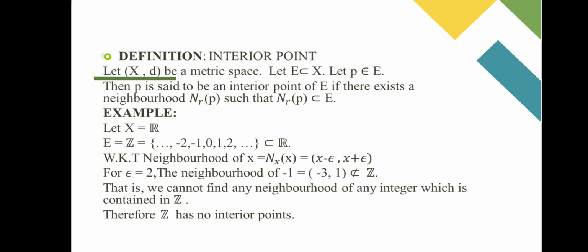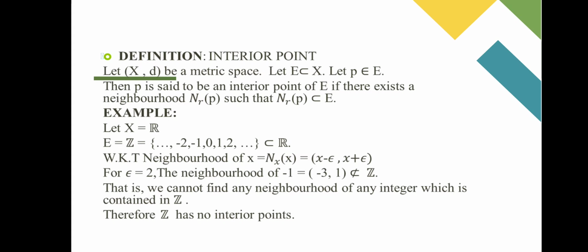Example, we can take X equal to R and E equal to Z. We know Z is the set of all integers. The set of all integers is contained in R. We know that the neighborhood of x equal to the open interval x minus epsilon comma x plus epsilon.